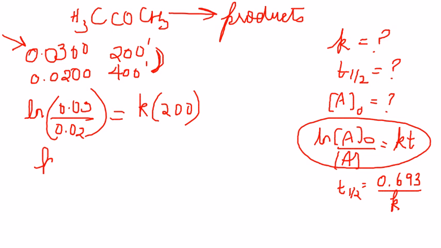And when you solve for K, that will come out to be 2.03 times 10 to the power of negative 3 per minute.